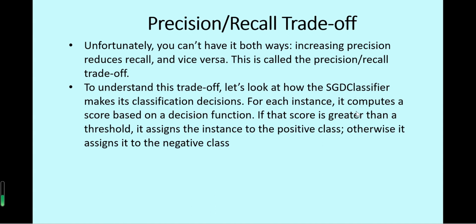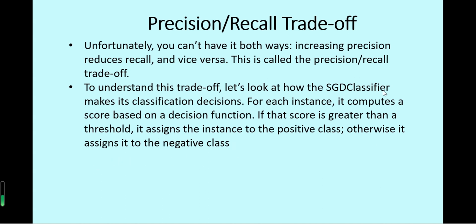For each instance, it computes a score based on the decision function. So there is a score for each instance in training. The decision function will make it positive or negative based on the score. If that score is greater than a threshold, it assigns the instance to the positive class. Otherwise, it assigns it to the negative class.